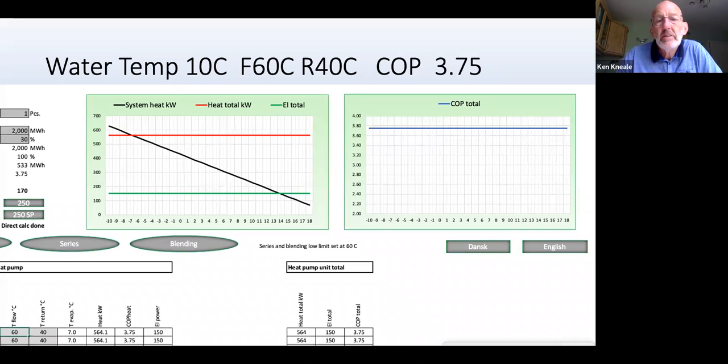A further rise of COP to 3.75 is a result of a 60-40 flow and return. And here at 60 degrees, we have the additional advantage that plastic pipework can be used to reduce installation costs on the heating system.